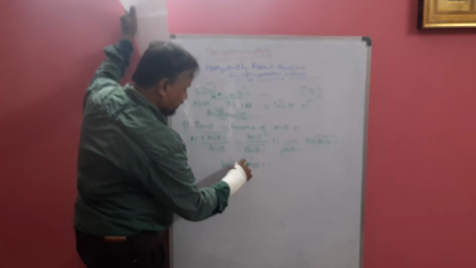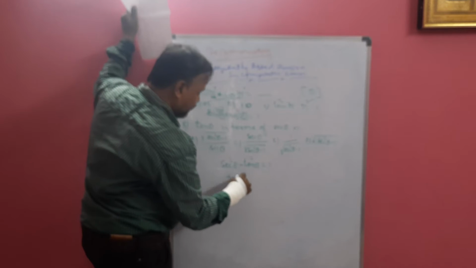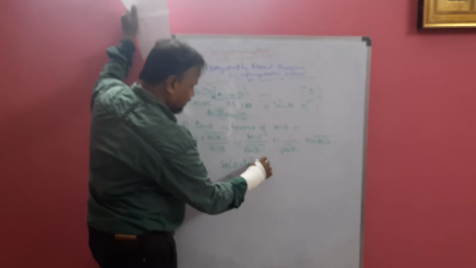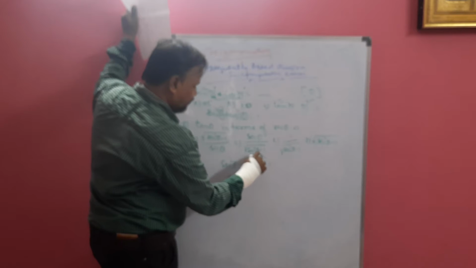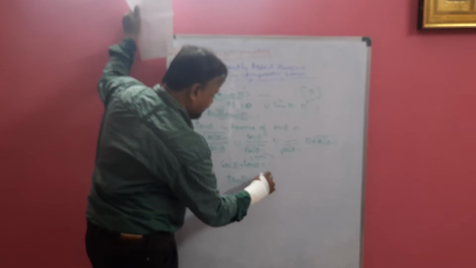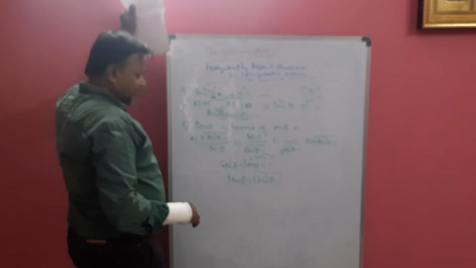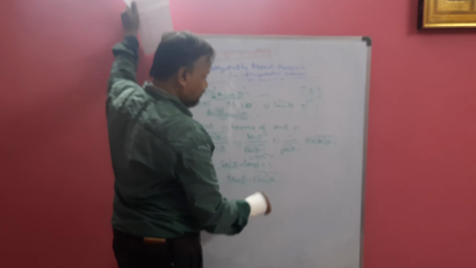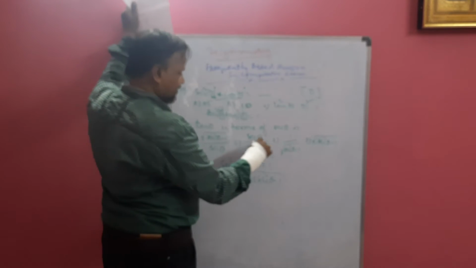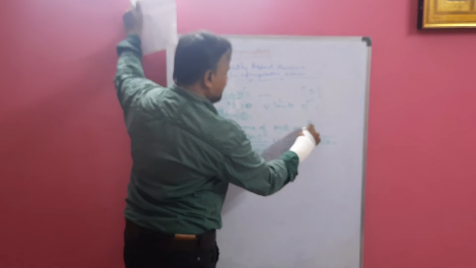You move this number to that side, and we get tan square theta equals sec square theta minus 1. If we take the root, tan theta is root over sec square theta minus 1. Where is that? Here, D. So the solution is D.